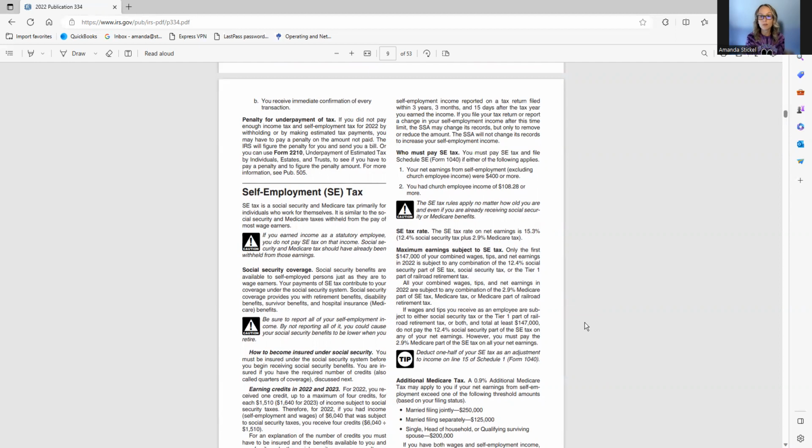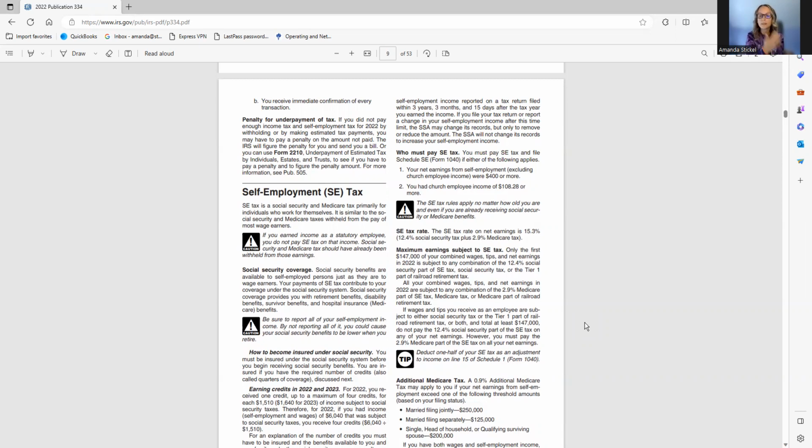If you file your tax return or report a change in your self-employment income after this time limit, the SSA may change its records, but only to remove or reduce the amount. The SSA will not change its records to increase your self-employment income. So again, this is just saying file your accurate tax returns on time.